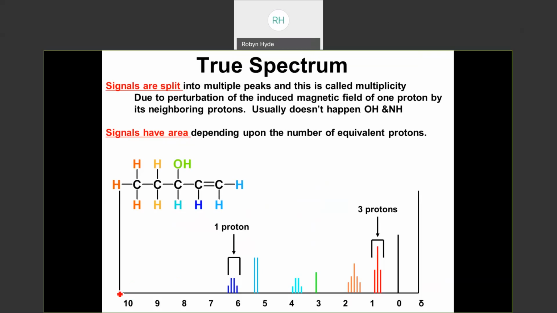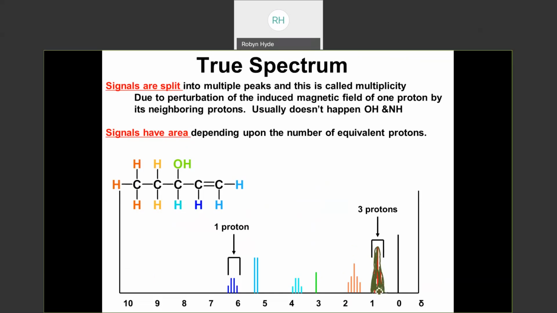When we think about area, I need to switch colors. I found earlier my color didn't work all that well. Okay, I'm going to go to green. So what we do is we take a line from baseline, we connect all of the tops of these, and we think about that area right here.